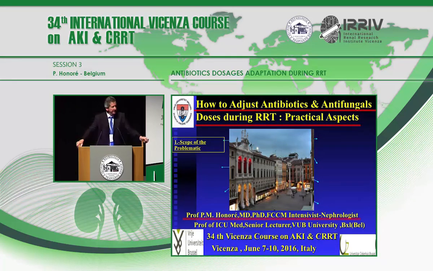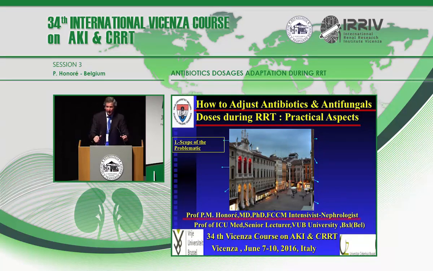And obviously, if we think about CRT, we have the sickest patients staying for a long period of time in our ICU, so having the most important number of nosocomial infections, and also the most resistant microorganisms.